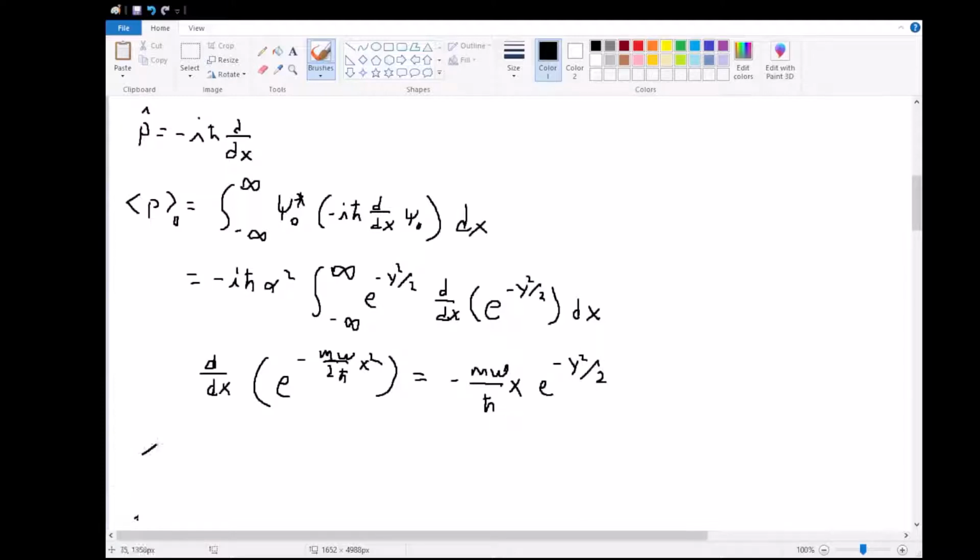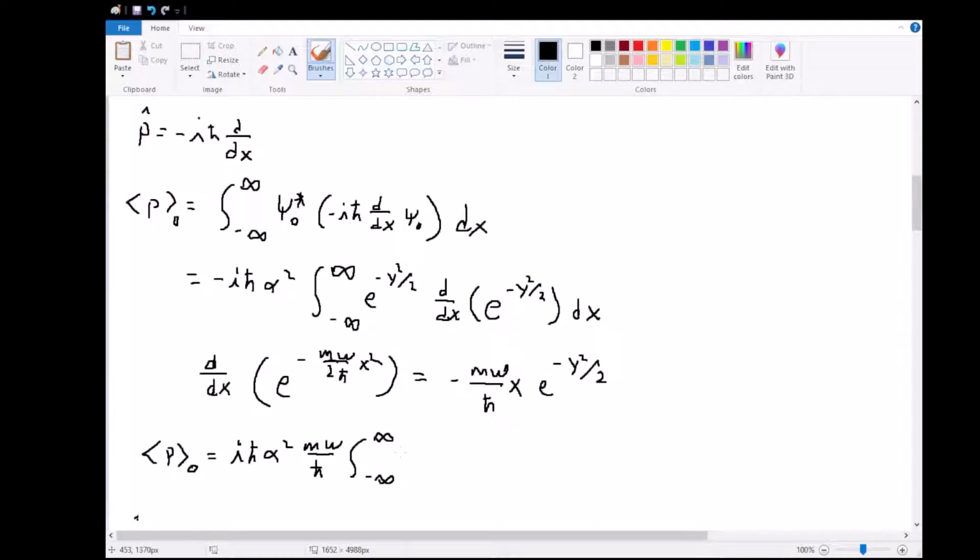So that means that the expectation value of p in the psi naught state is going to be equal to, let's see, this new negative term cancels out the negative at the front. So we have i h bar times alpha squared times m omega over h bar times the integral from -infinity to +infinity.